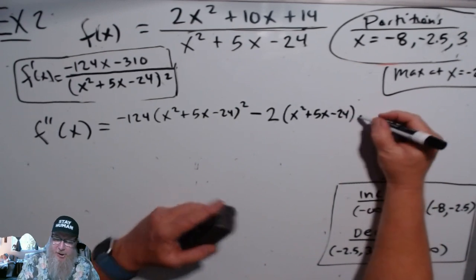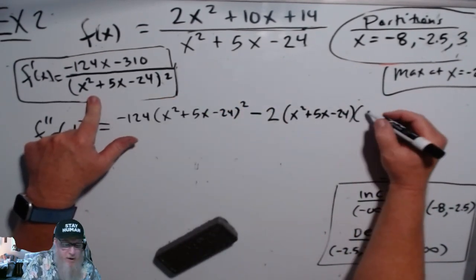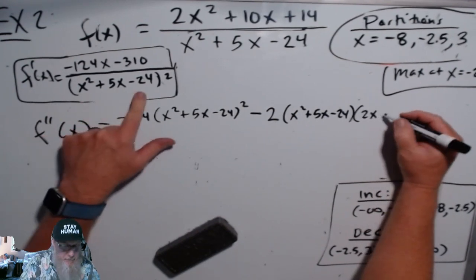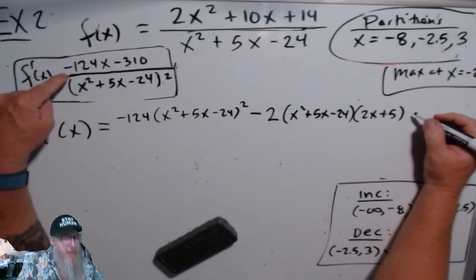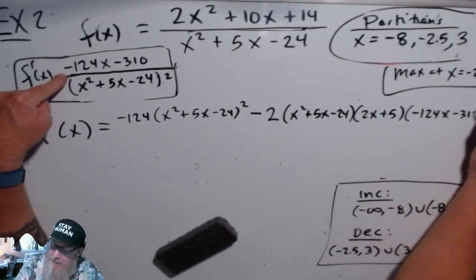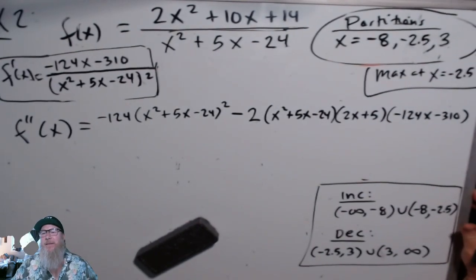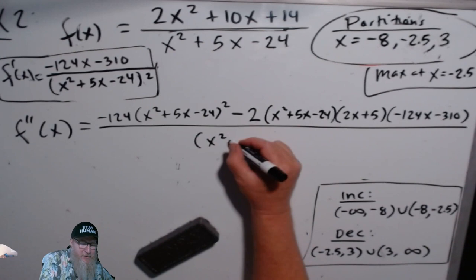All right, that's the chain rule. Then the derivative of x squared plus 5x minus 24, which is 2x plus 5. Then times the entire numerator, 124x minus 310. All right. All over the denominator squared.